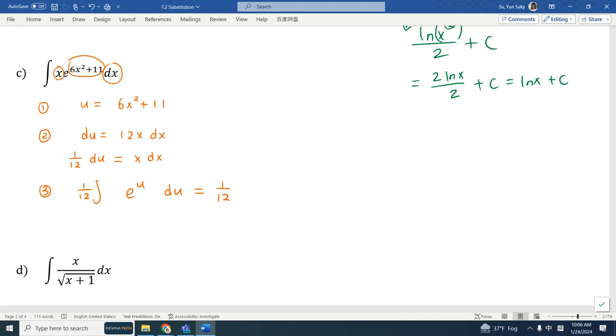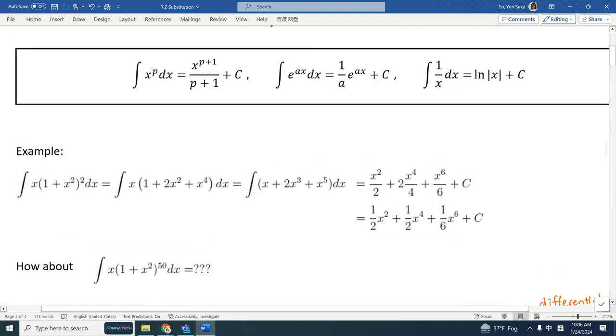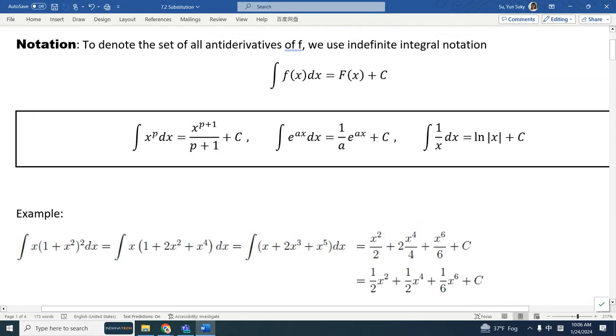What's the integral of e to the u? Do we add 1? For a power function, we add 1. But for an exponential function, the exponent remains the same. We don't add 1, we don't subtract 1.